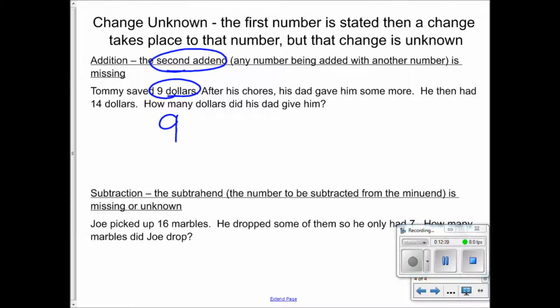After his chores, his dad gave him some more. Do we know how much more he got? No. So here's my plus, but I don't know how much more he gets. He then had $14. Do I know how much he has in all? Yes, $14.